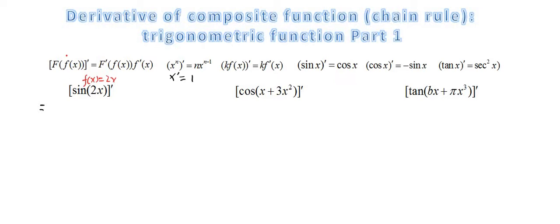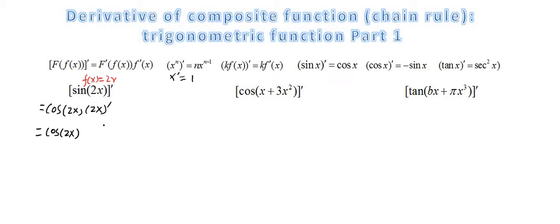The derivative is the derivative of capital F, which for sine is cosine, evaluated at f x, which is 2x, times the derivative of f x. Now we can simplify it.